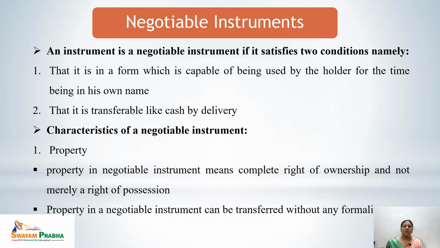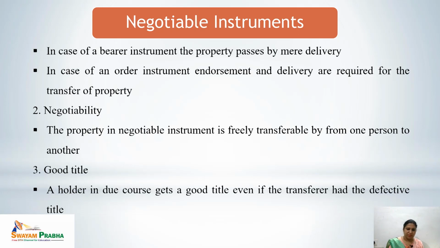Property in a negotiable instrument can be transferred without any formality. It means it can be transferred in as-it-is form as it was before the transfer. That means a negotiable instrument involves the transfer of the right of ownership to the transferee by the transferor.